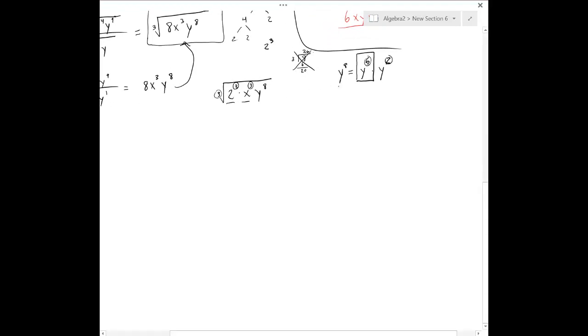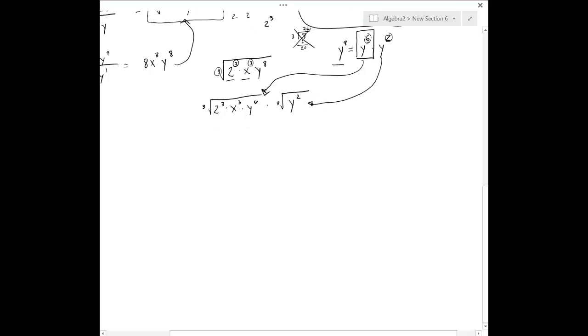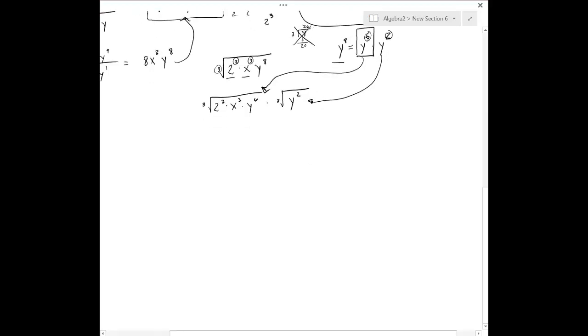So now let's do this split. We're going to use it. We're going to write everything as the cool guys, now including y to the 6, and the rejects that we don't want, which is just y squared. This is the cool guy, he goes with the cool kids, and then y squared is the reject, which goes with the rejects. So now we can just divide all of these exponents by the index here.